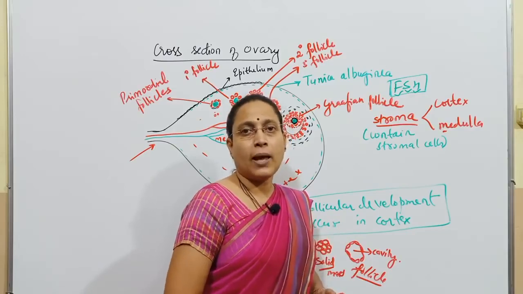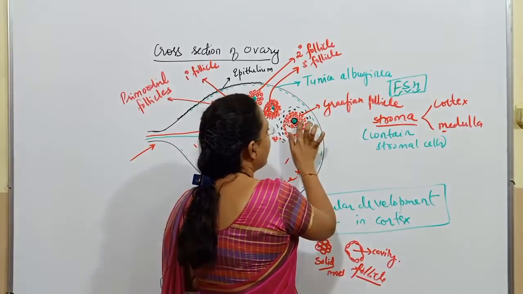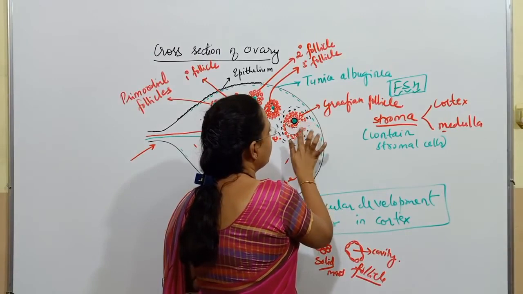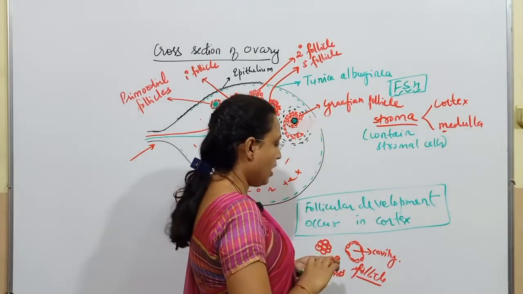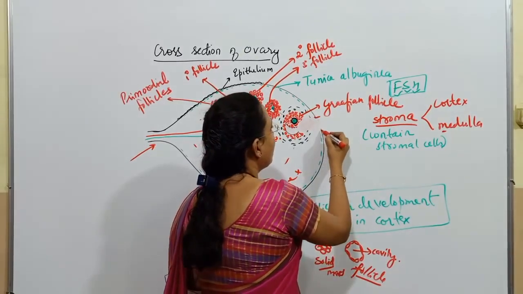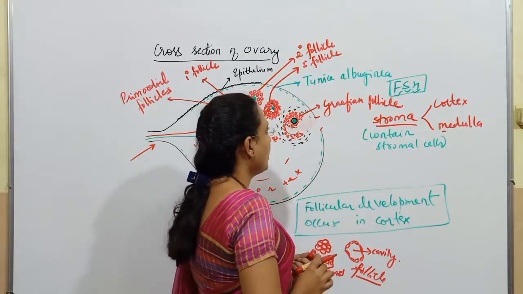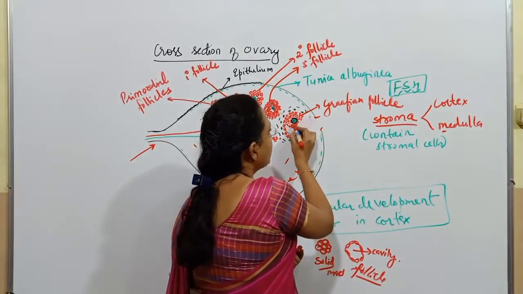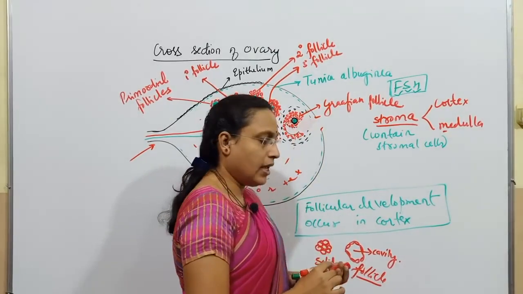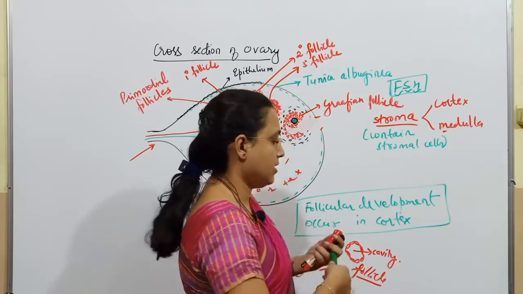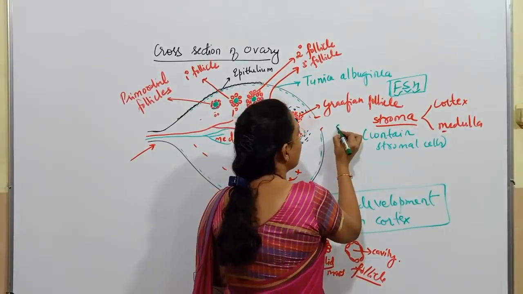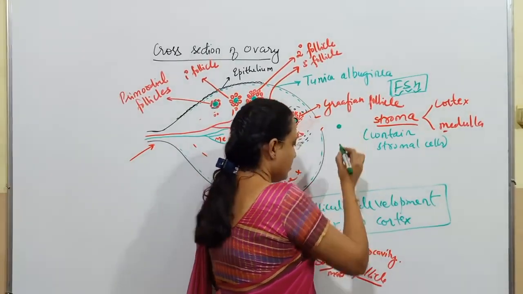On the 14th day, this Graafian follicle will rupture. So when this Graafian follicle ruptures, the ovum which is present inside will be released. Now here ovum means which stage? Secondary oocyte stage. So this is going to be released.